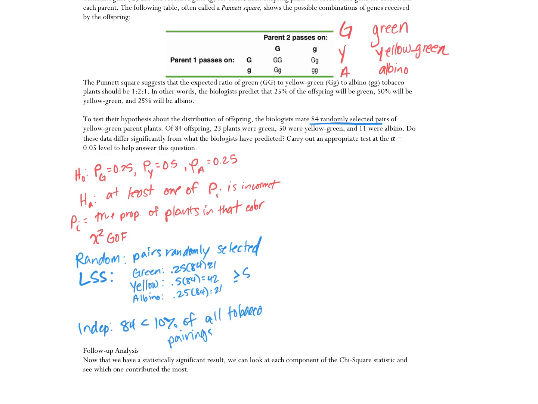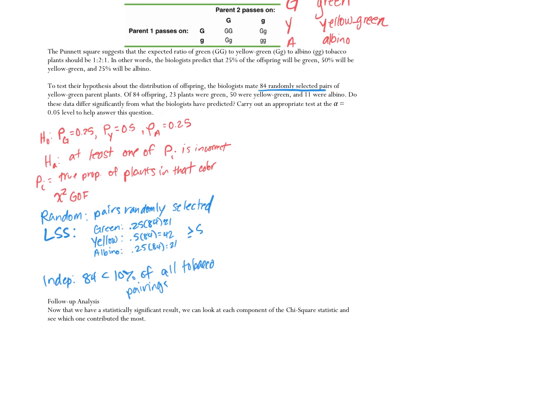Run the test, okay. So I'm going to go into my calculator. Remember, we'd like to put the observed in L1 and the expected in L2. So in L1, I'm going to put, well, how many green were there? We got 23 green, 50 yellow-green, 11 albino.